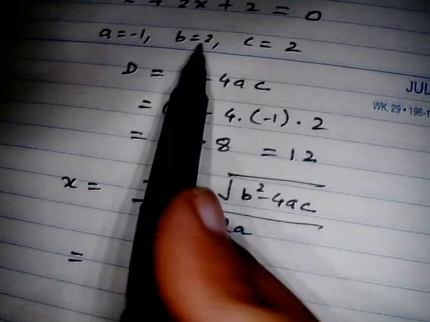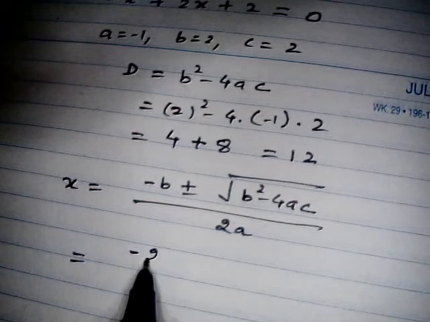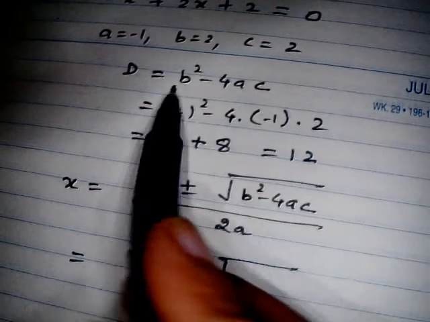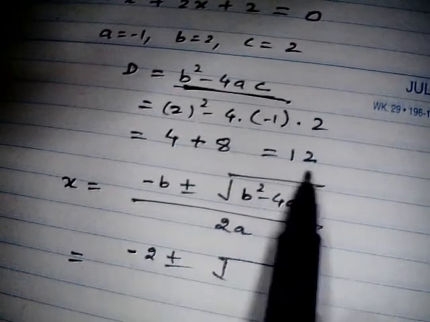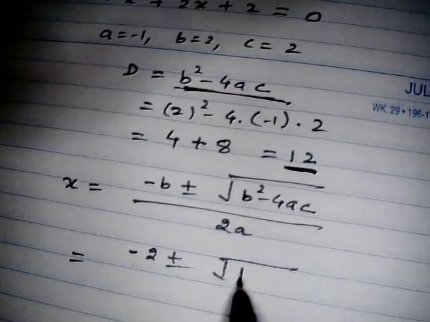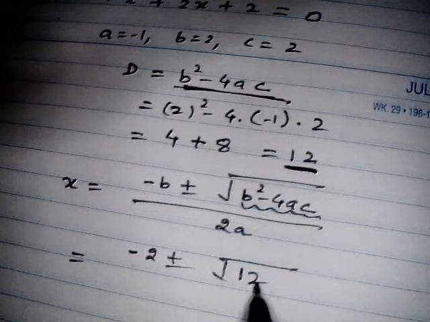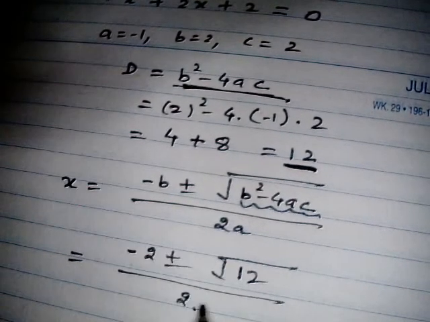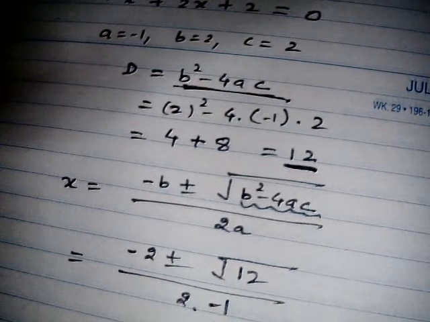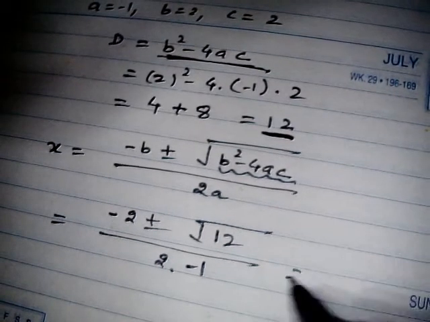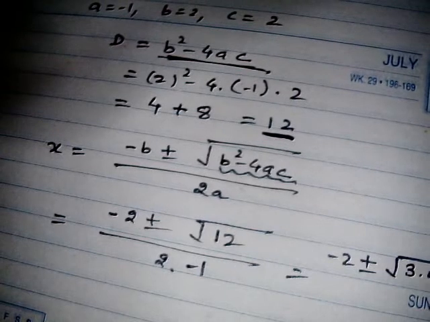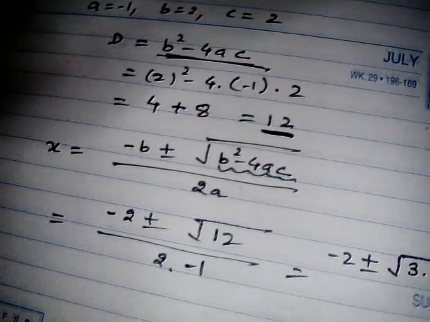The b square minus 4ac that I have calculated is 12, so I plug in this total value, square root of 12, upon 2 times a, which is -1. Okay, now I simplify this: -2 plus minus square root of 3 times 4, I can factor out this 12, upon 2 times -1, so -2.